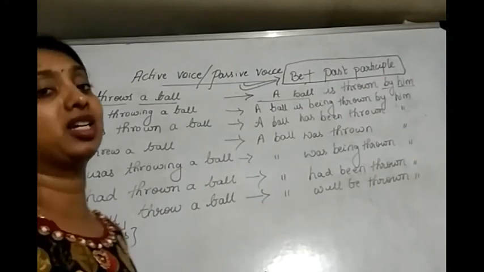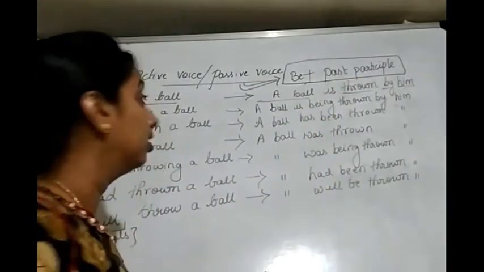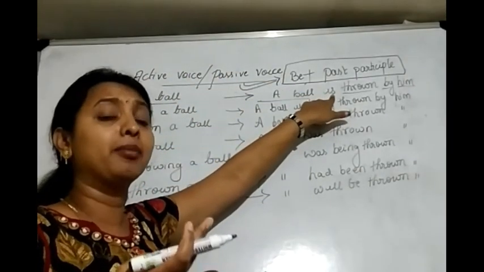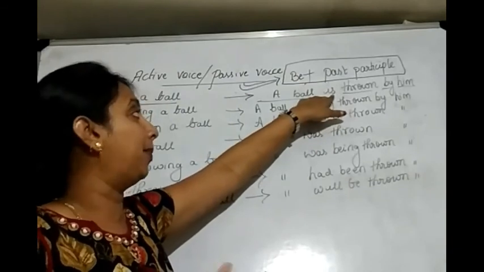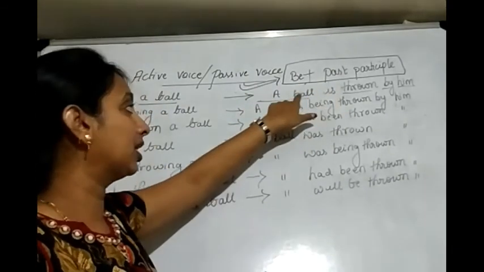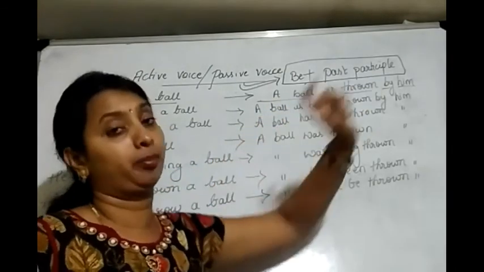What is the past participle form of throw? Past participle form is thrown. So, do form is there means you have to use am, is, are. It depends on which word is here. Now, we have to add is because a ball is singular. A ball is thrown by him.